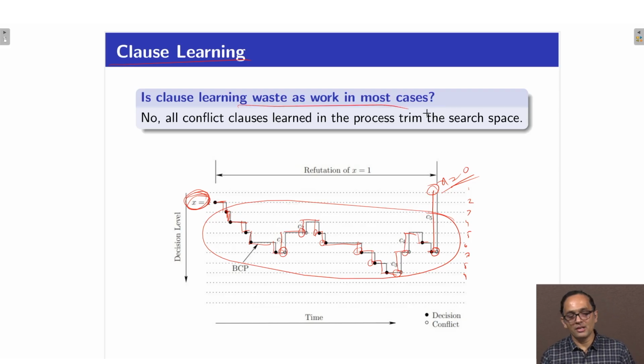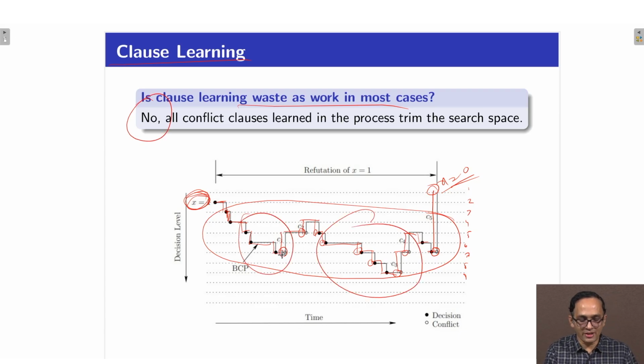In most cases the answer is no, because whatever we are doing here, we are learning something. Each conflict gives me a conflict clause, a new clause, saying that this should not happen here. Now, whenever x equal to 0 and you do this process, I make sure that those assignments will not happen here.